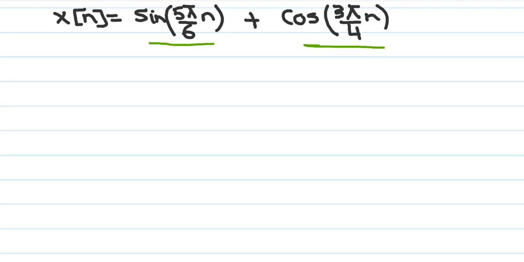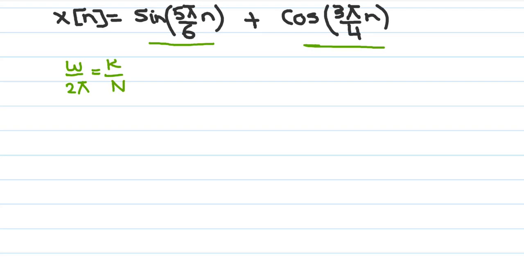Okay, so first of all, last time we said that for the condition to check if a given sinusoidal is periodic or non-periodic, the ratio of omega divided by 2 pi should be equal to k by n, and this k by n is nothing but a ratio of two integers.